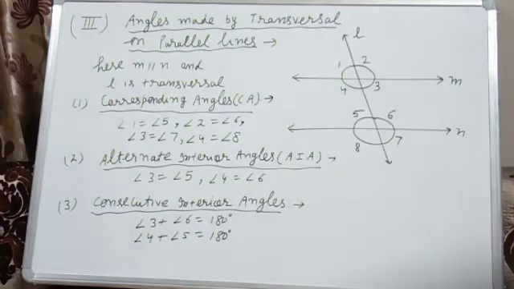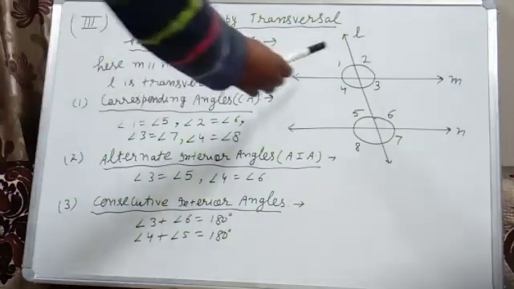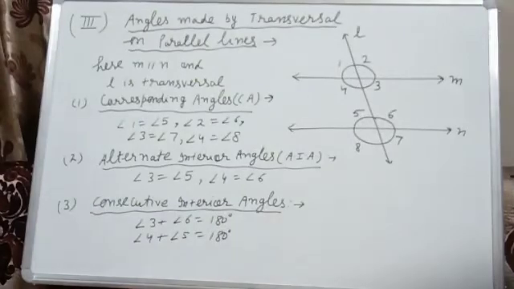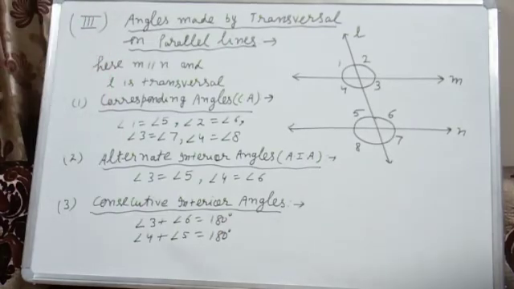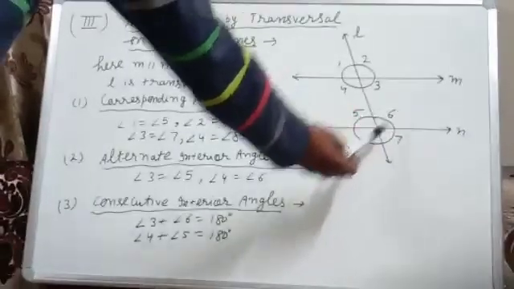We have two more results here, like conjugate exterior angles. We use these angles very rarely, but the result is there: conjugate exterior, 1 and 7, 2 and 8. We have one more result, vertically opposite angles, which we already discussed in the first exercise: 1 and 3, 2 and 4, 5 and 7, 6 and 8.